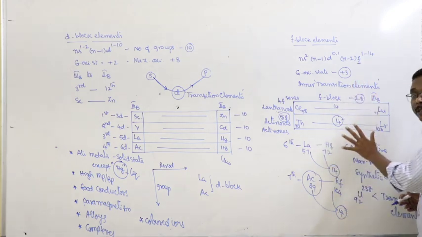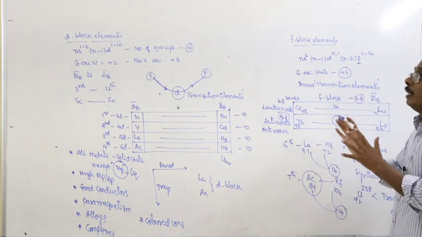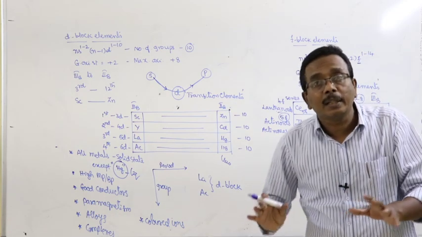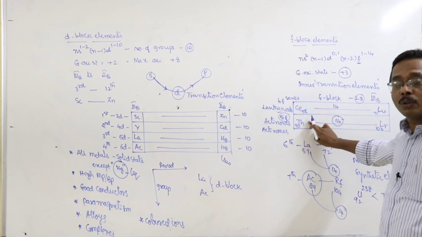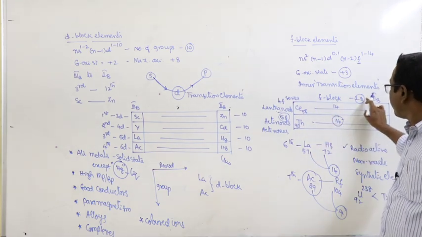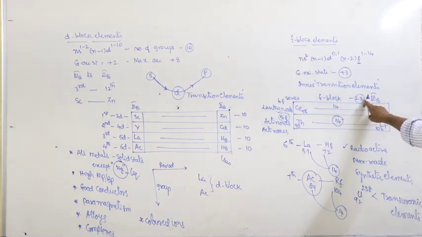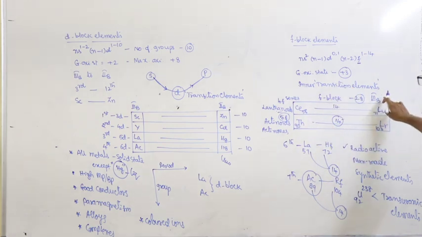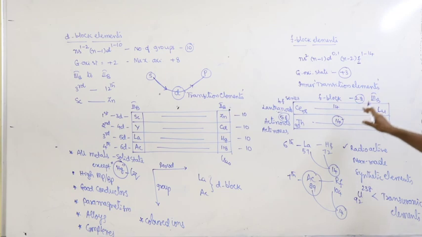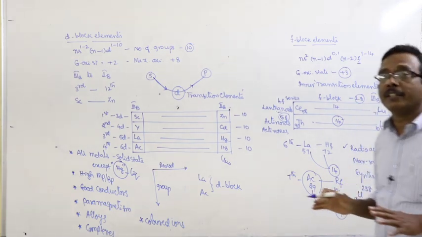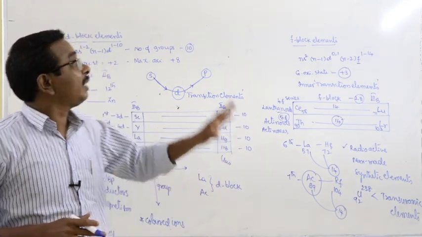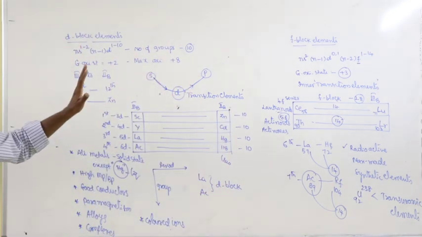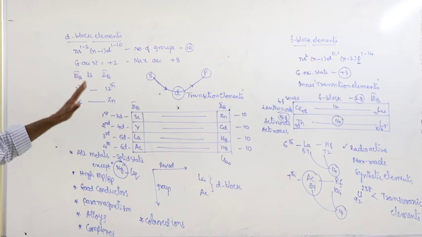Totally, the F-block elements are separated from the D block and placed at the bottom of the long form periodic table in two horizontal rows, and the total number of F-block elements is equal to 28, and all the F-block elements come under a single group, that is 3B. This is about the important features of the classification of elements into blocks based on the electronic configuration.